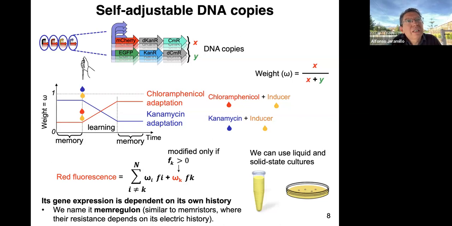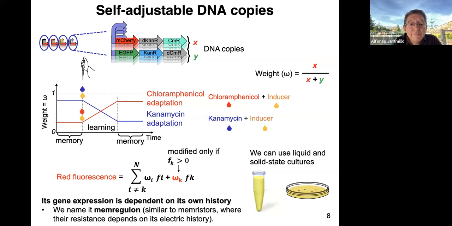It's also important to know that if you leave the cells and they have some background expression, they can potentially change their weight. So it's very important to be careful when manipulating. But that also happens very often with gene circuits, where the state depends on the concentration of transcription factors, and you have to be careful when you manipulate.